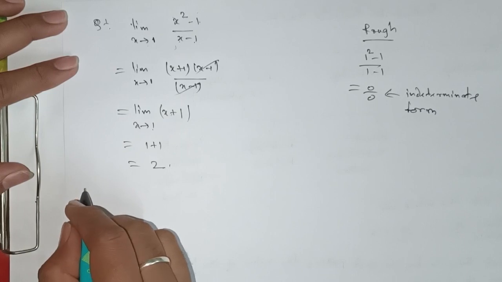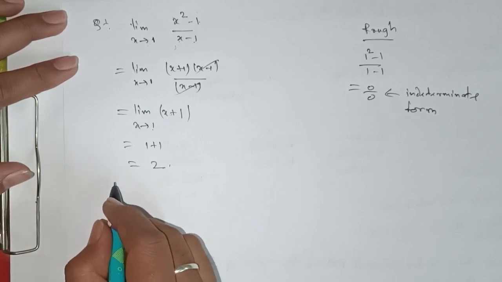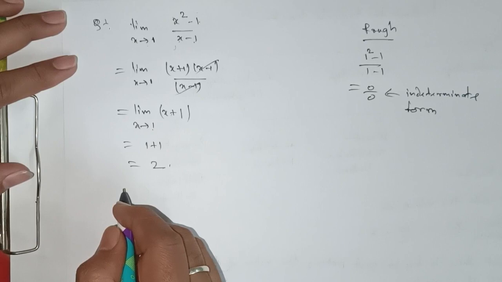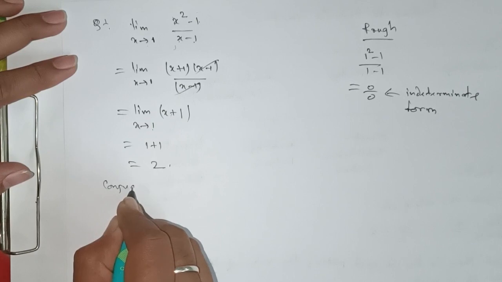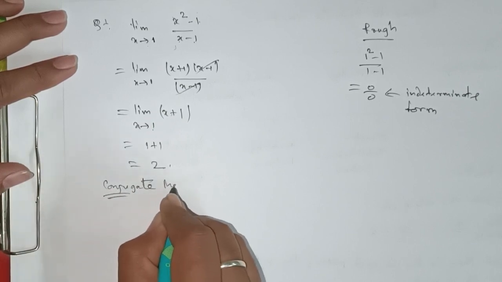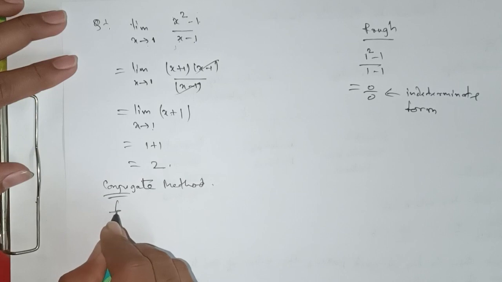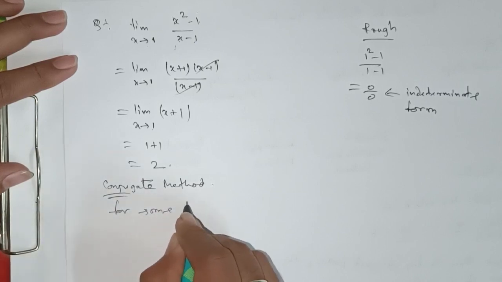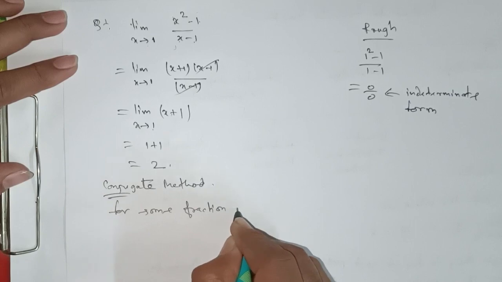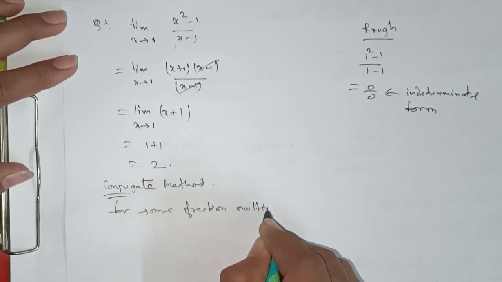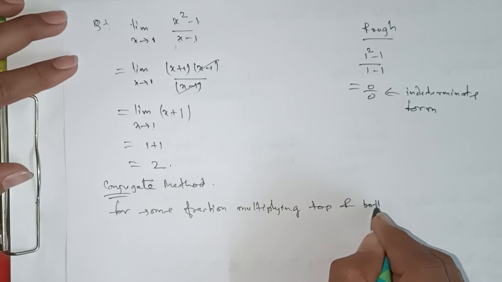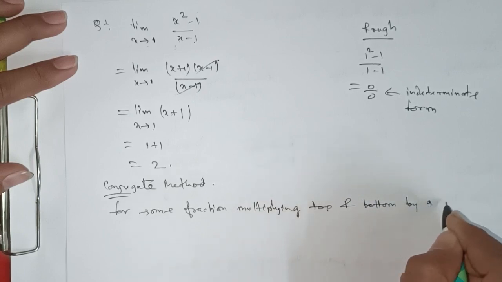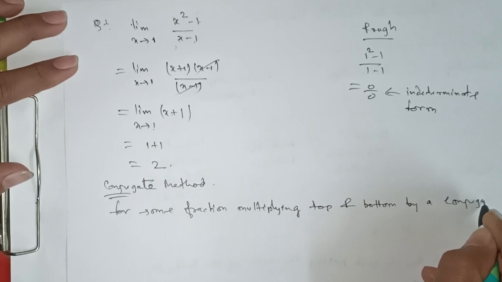In the conjugate method, what we're going to see is, for some fractions, multiplying the top and bottom, that is numerator and denominator, by a conjugate.